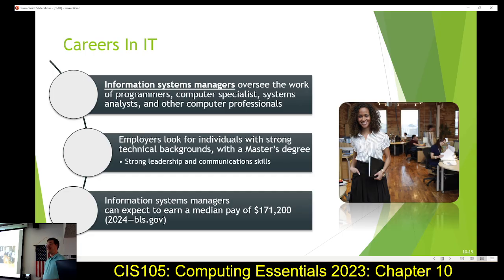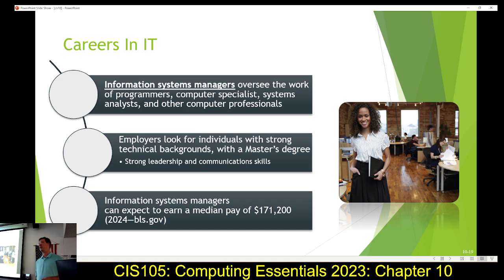But anyhow, today's career in IT is the Information Systems Manager, which oversees the work of programmers, computer specialists, systems analysts, and other computer professionals. You kind of want to think about this position as almost like a general manager for a regular business. They have to have knowledge in all these different areas to be able to oversee these people.